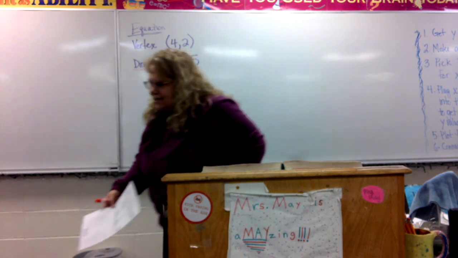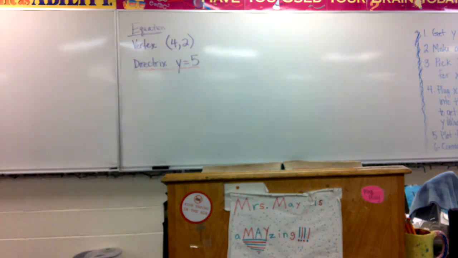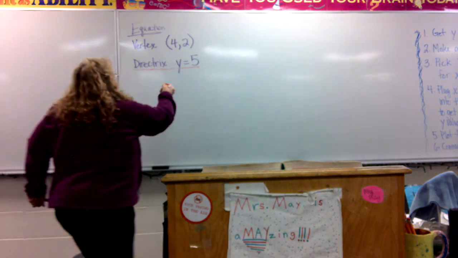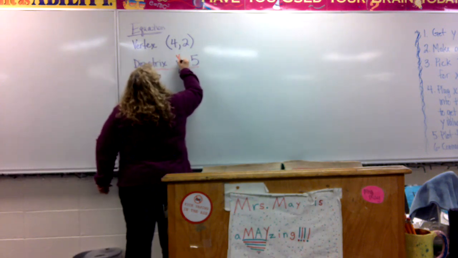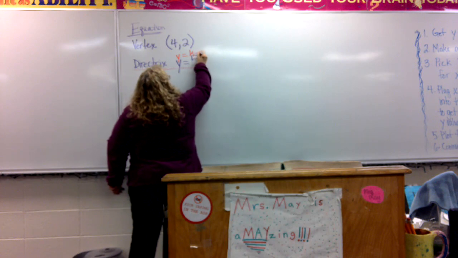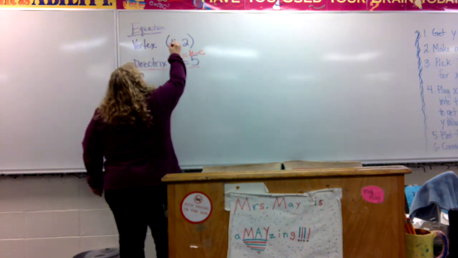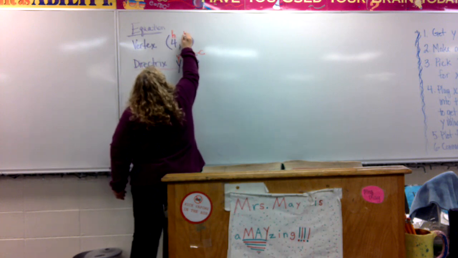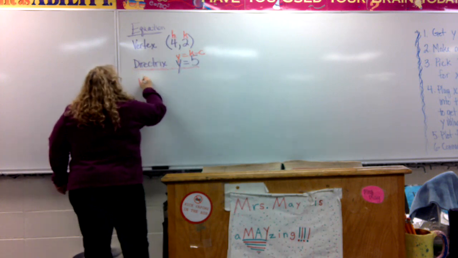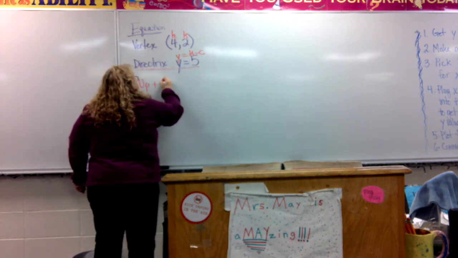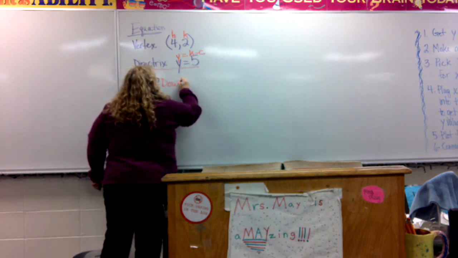And I asked you yesterday to write that stuff down. Y equals, it says over there, y equals k minus c. For an up and down, it says over there, the vertex is h and k. And I want to write that it goes up and down.